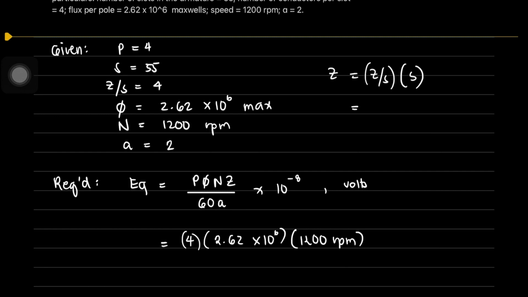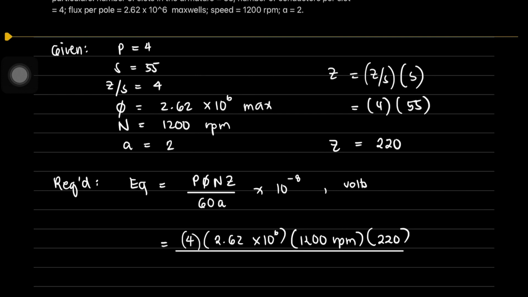So the number of conductors per slot is equal to 4, and the number of slots is equal to 55. So that's 55 times 4, which is equal to 220 conductors. So if I'm going to substitute the number of conductors in here, all over 60 multiplied by the number of parallel paths, which is equal to 2, times 10 raised to negative 8.